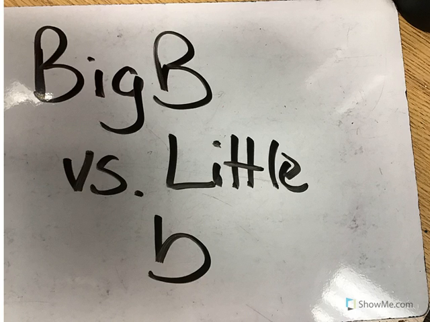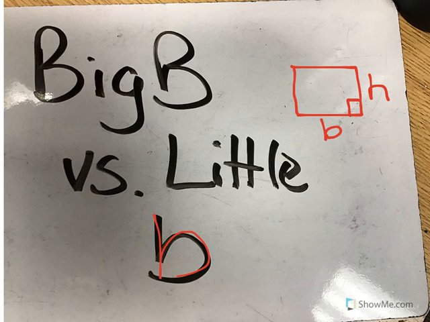Okay, so we have big B versus little b. And let me draw here. Little b is the bottom line, base times height. If I wanted to find the area of this, little b is the bottom line of a 2D shape.